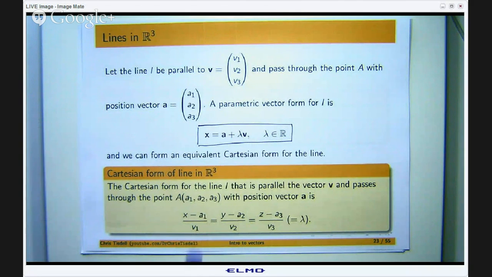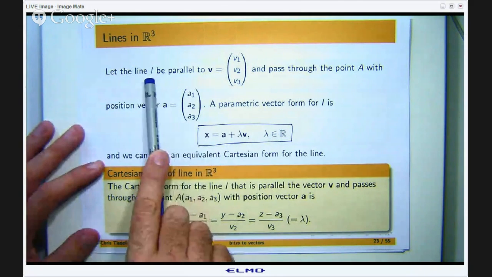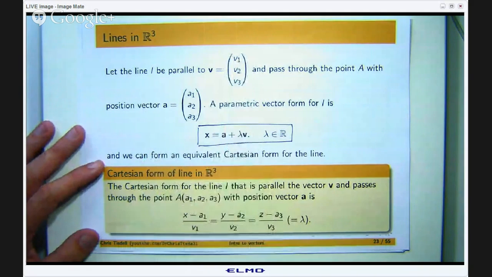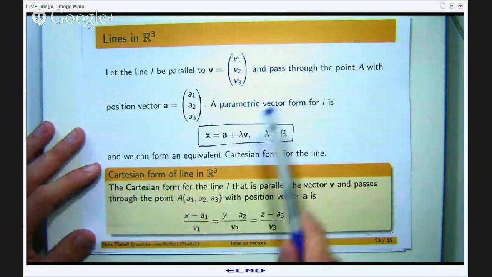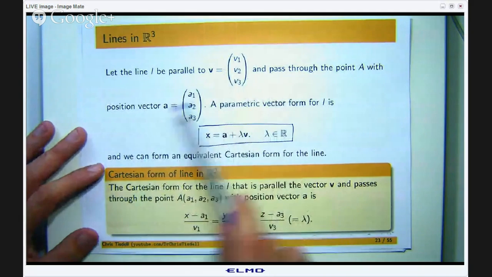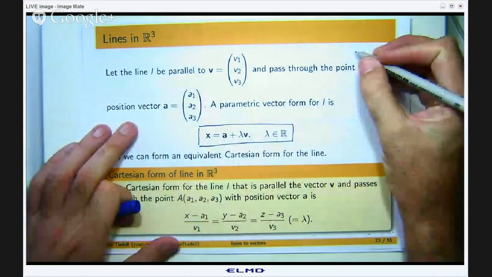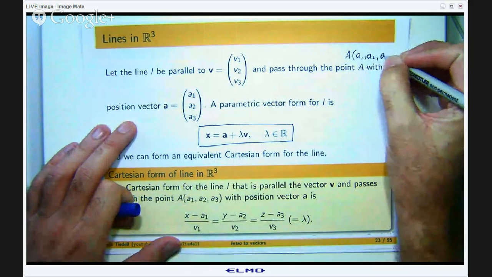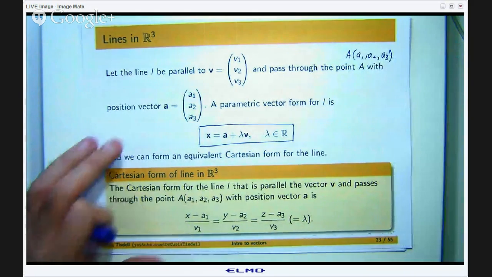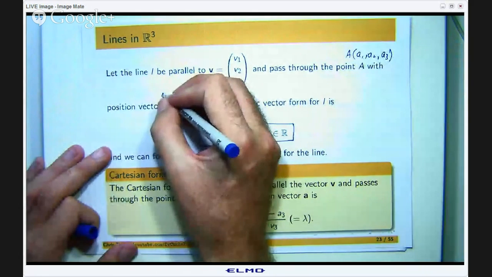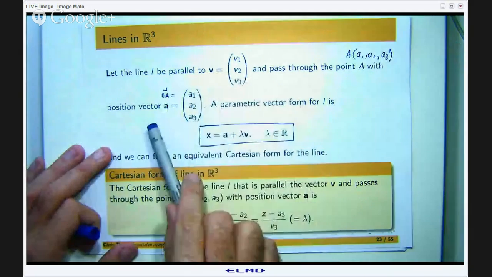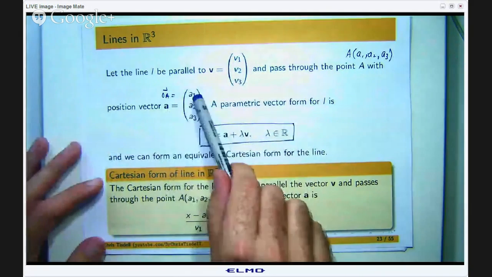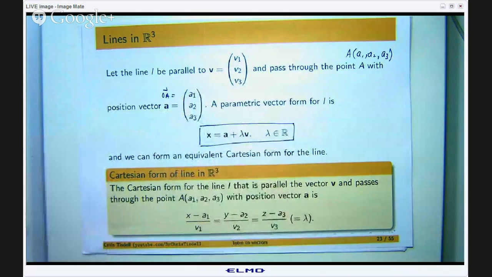All right, so suppose I have a line L, and that line is parallel to this vector here, which I've written as a column. And suppose the line L passes through the point A, where A might have coordinates, say, A1, A2, A3, and A has position vector denoted by this bold-faced lower case letter a, with components A1, A2, A3, written as a column.